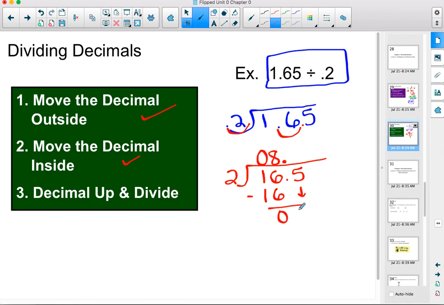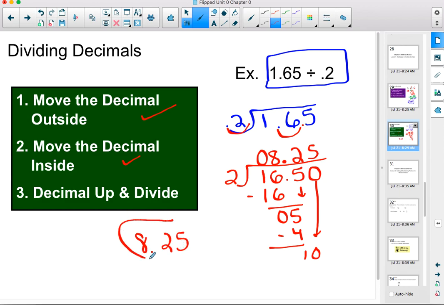Bring down that 5. 2 goes into 5 twice. 2 times 2 is 4. Subtract that 4, we get a 1. Now we have to bring down a 0. And 2 goes into 10 5 times. So our final answer is 8 and 25 hundredths.